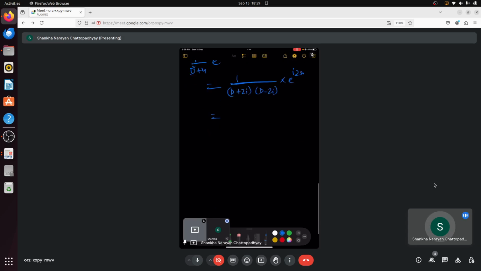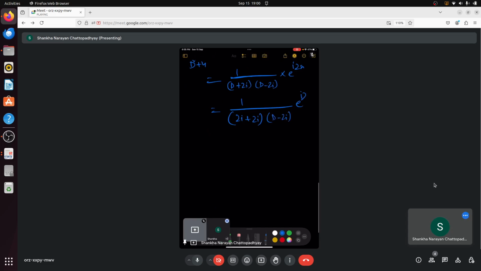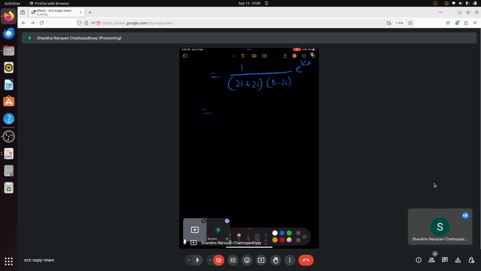This D + 2i does not have any problem, so you write 2i + 2i, because here it is e^(mx), so m is actually i into 2. So 2i + 2i you have written, but here it will create a problem, so keep it as it is. So this becomes 1 by 4i into 1 by (D − 2i) on e^(i2x).